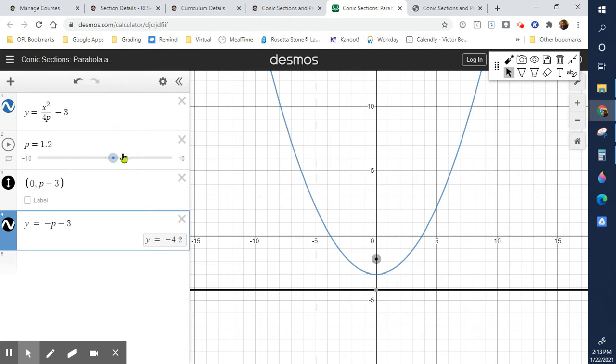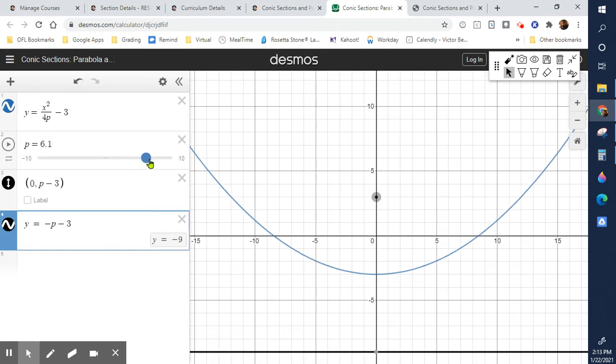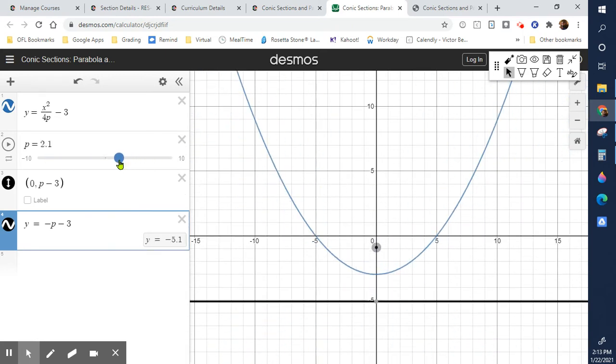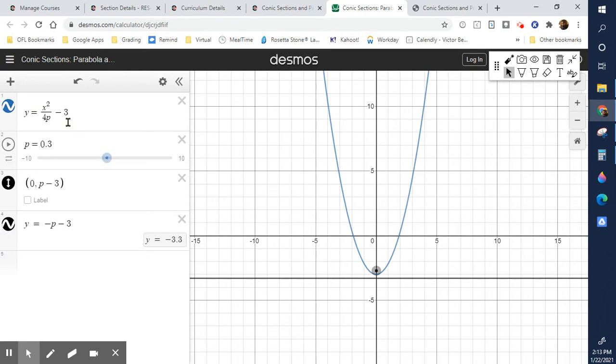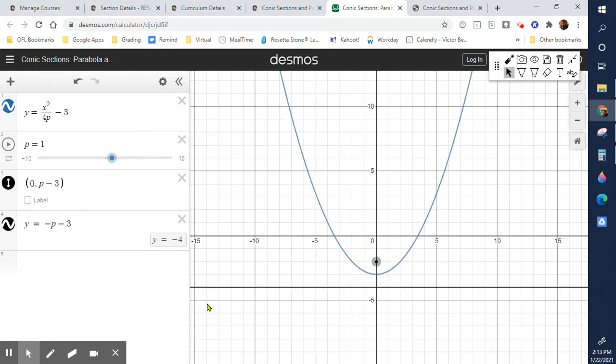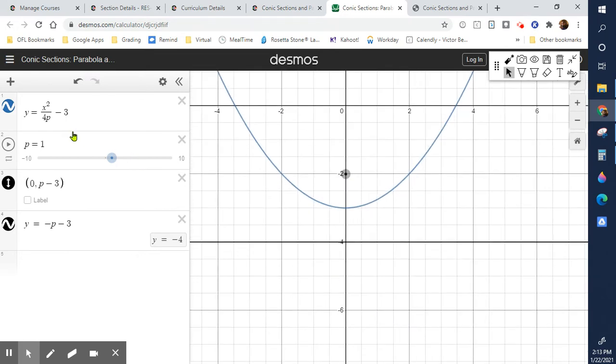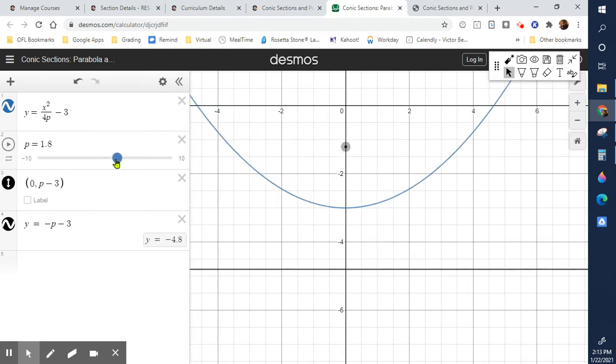Okay, so as you can see here, we have that relationship going. So the way I determined how far down I was going to move was the center. So I want my P to be 1. So if I put my P as 1, do I want my P to be 2?